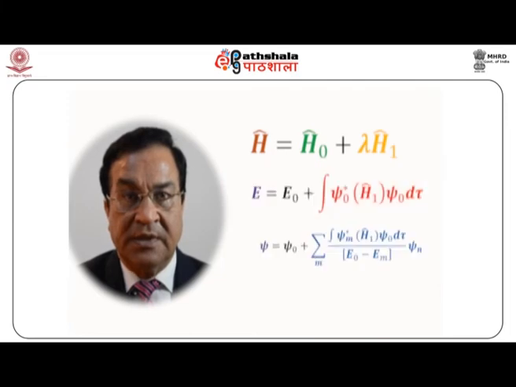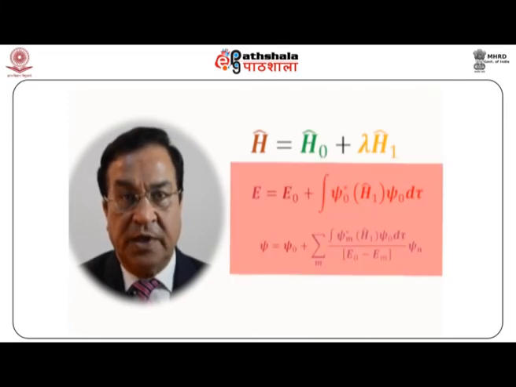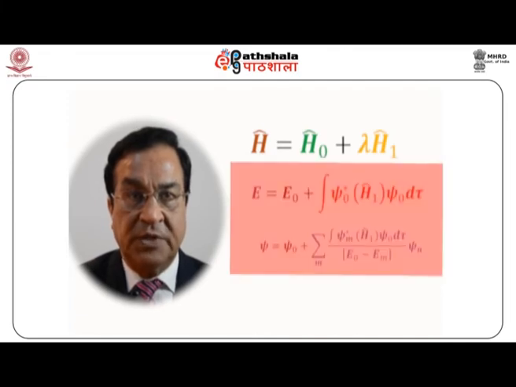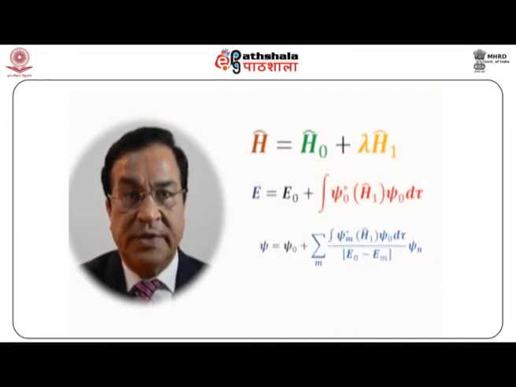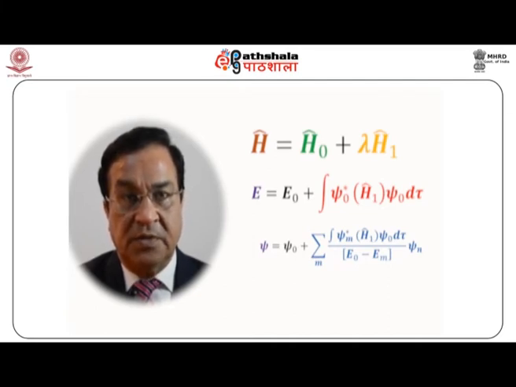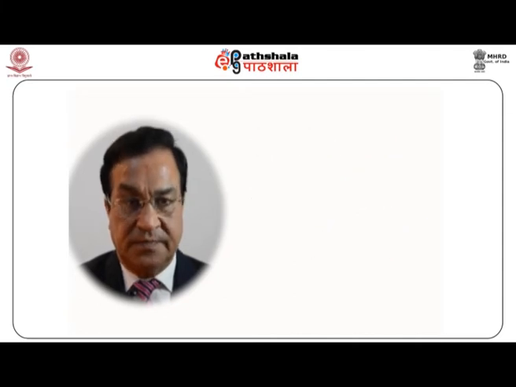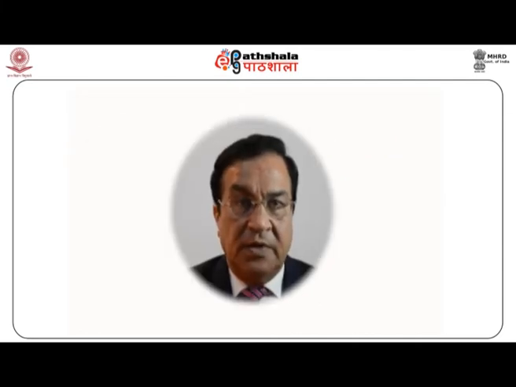That is ultimately the aim of the Schrodinger equation, to solve it to get the corresponding energy and wave function. Therefore, in the perturbation method, we have used perturbation theories to calculate the wave function and the total energy using first order perturbation corrections. So in this module, let's summarize what we have learned.